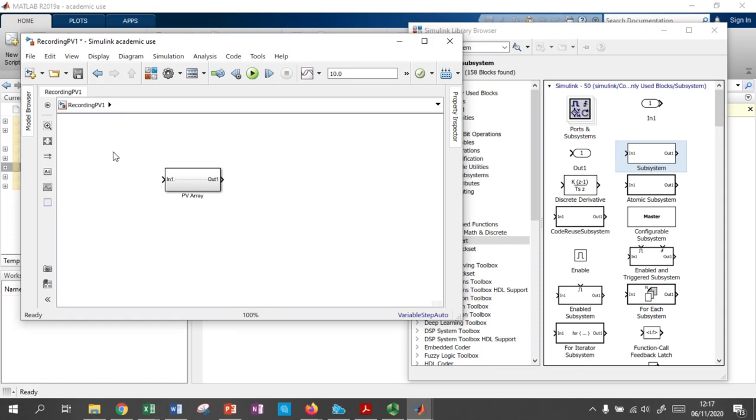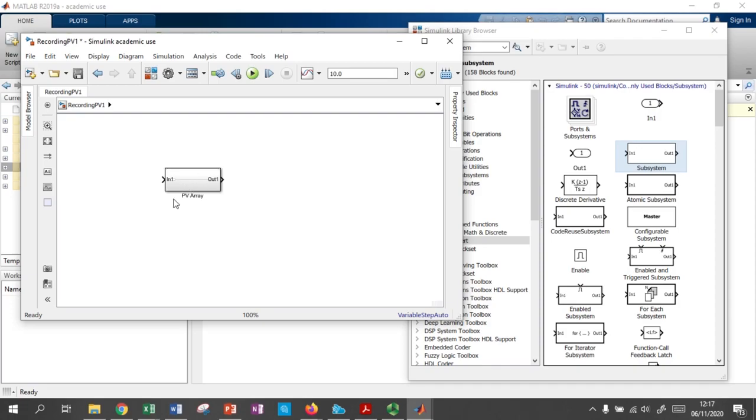It means that we need to assign some inputs, like for example, what is the operating temperature, what is the RS, what is the number of series cells, NS, how many rows are parallel together, NP, what is the solar irradiation for these solar cells, what is the short circuit current, what is the open circuit voltage of this cell.